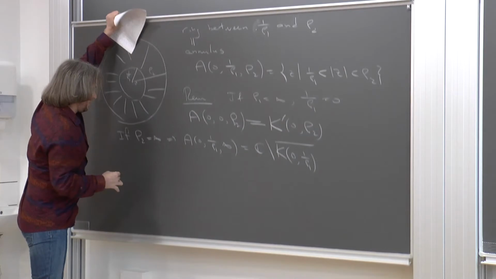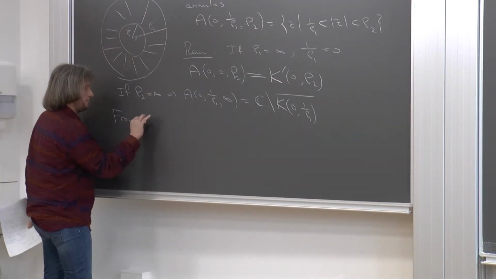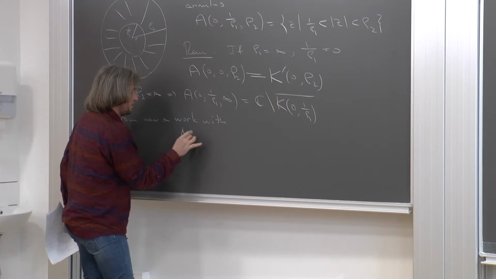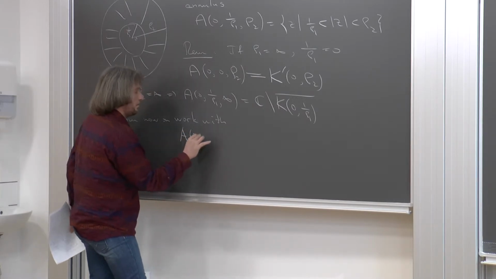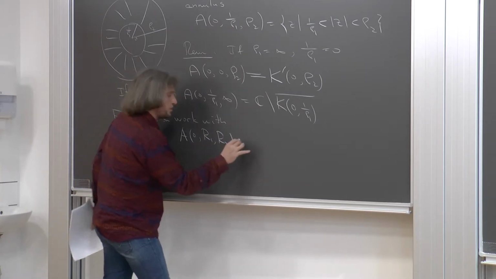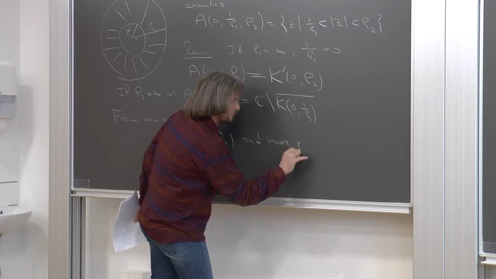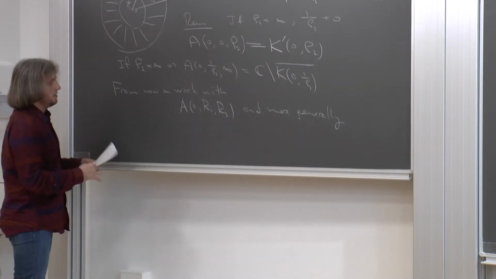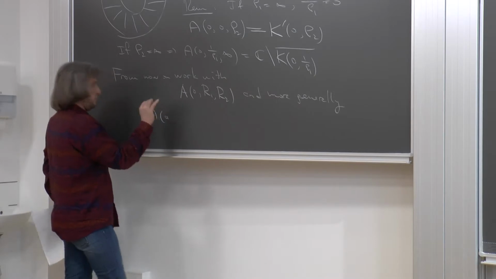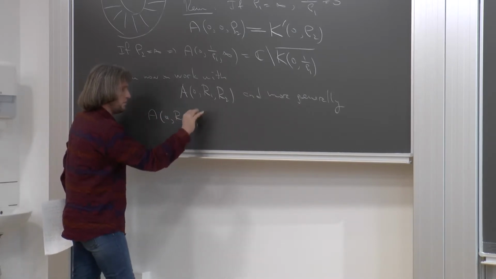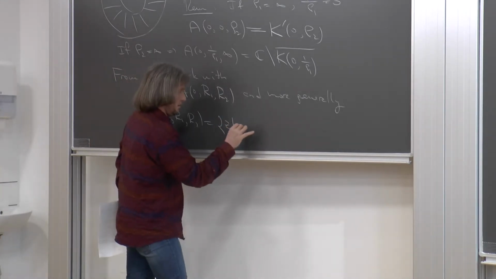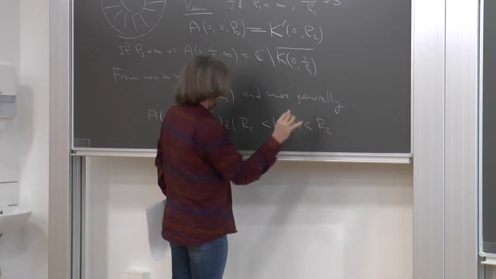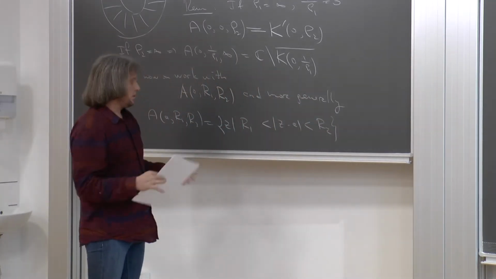So from now on we'll work with an annulus around the point 0 with radii R1 and R2, and more generally, if we want to study Laurent series in Z minus A, an annulus around some point A, with the absolute value of Z minus A being between R1 and R2.